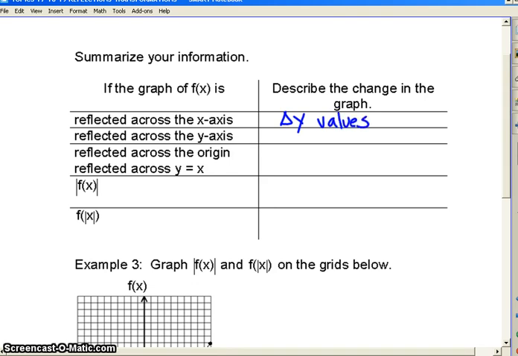If you reflect your function across the y-axis, what happens? Change the x values. If you reflect across the origin, change both. Change x, change y. Okay, what if it's reflected across y equals x? Switch.